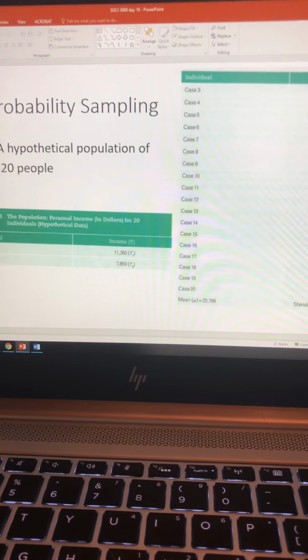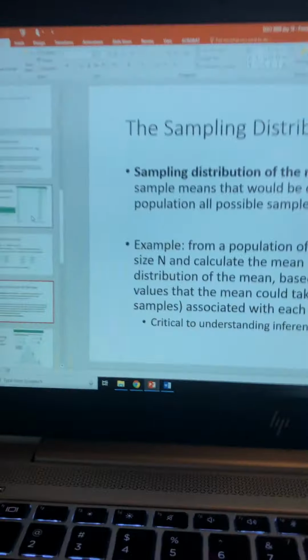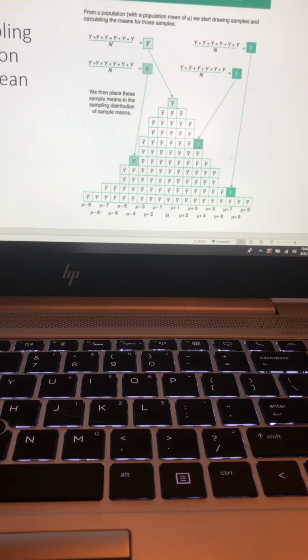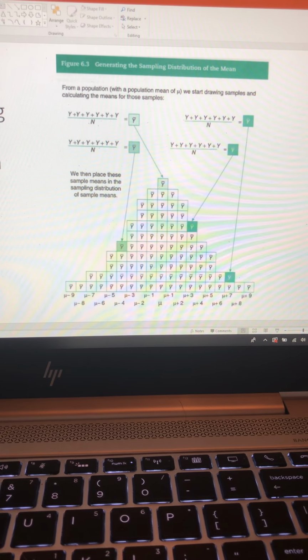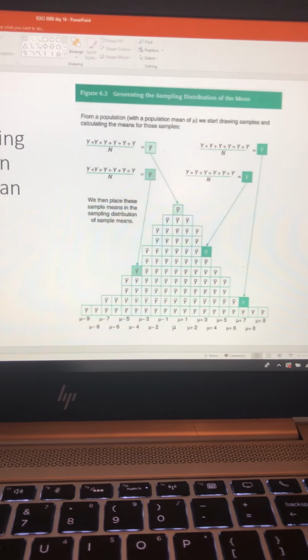We would be plotting the sample means, which I've generated here. So imagine if I kept doing this over and over and over again, I would get a bunch of sample means. So I could plot those sample means in a distribution, and eventually what I'd end up with would be a normal distribution around the true population parameter.